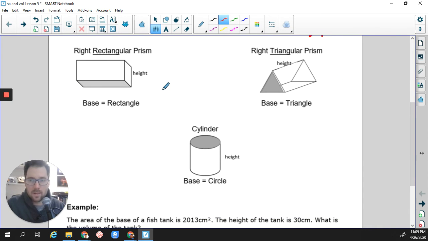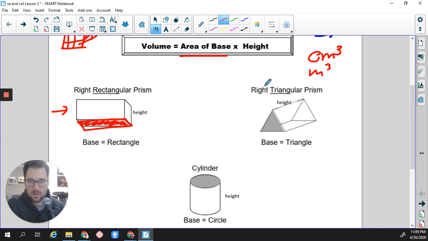So if we're looking at a rectangular prism in this example right here, we've got the base right here, this shaded spot. And so we could calculate the area of the base, as it says right there, and then multiply it by this height right here.